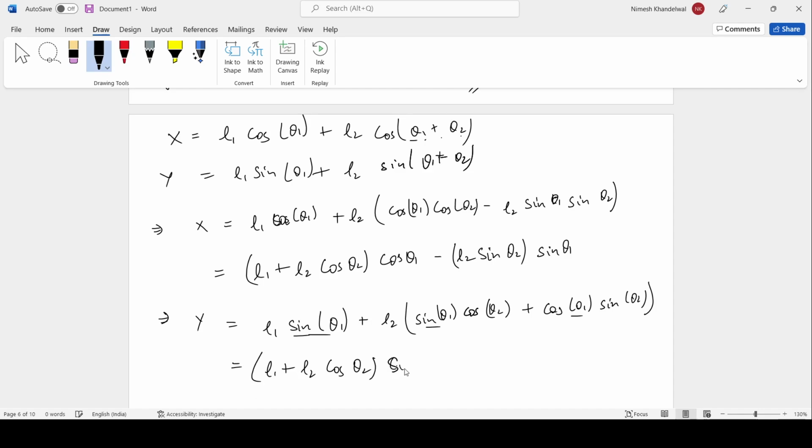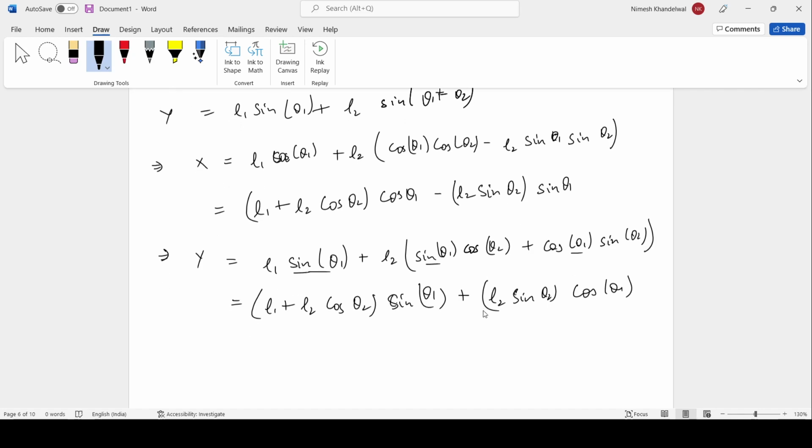Okay, so this is now sine theta 1 plus L2 sine theta 2 cos theta 1.